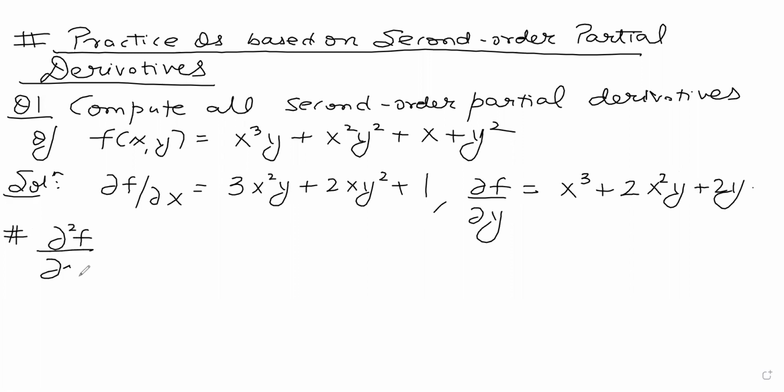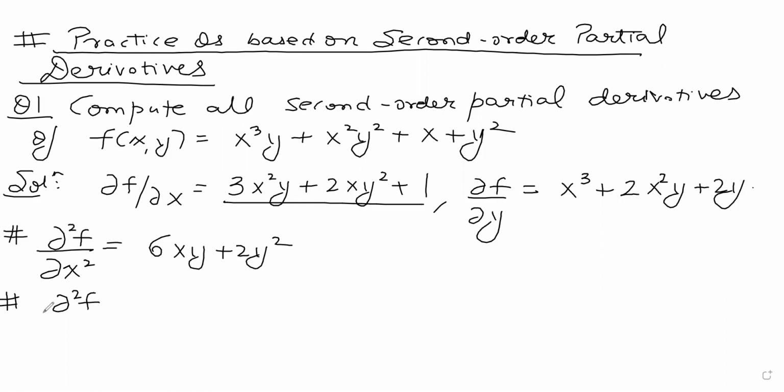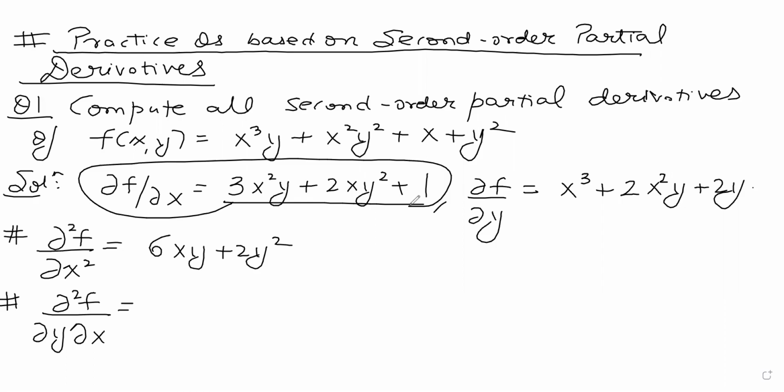Del square f by del x square will be differentiate del f by del x again with respect to x, 6xy plus 2y square. Then del square f by del y del x will be differentiate del f by del x but with respect to y. You get 3x square plus 4xy.